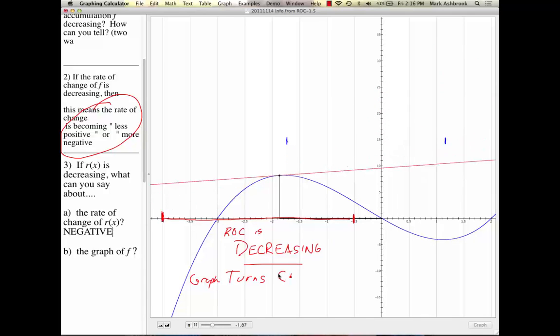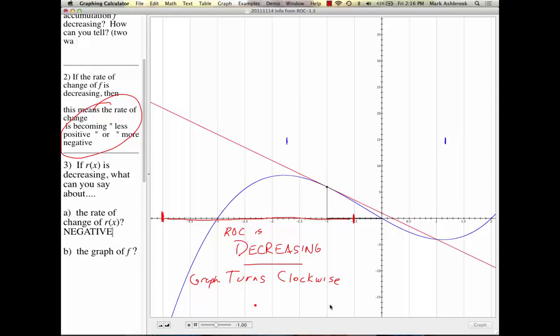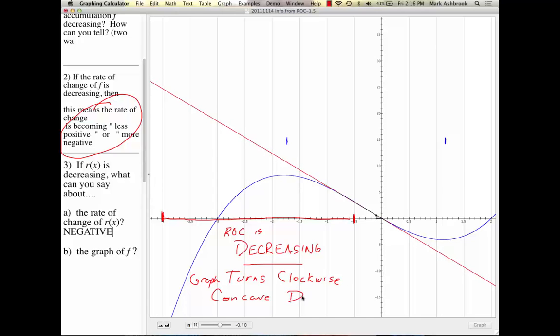Graph turns clockwise. And what we get is what's called concave down. It rhymes with down.